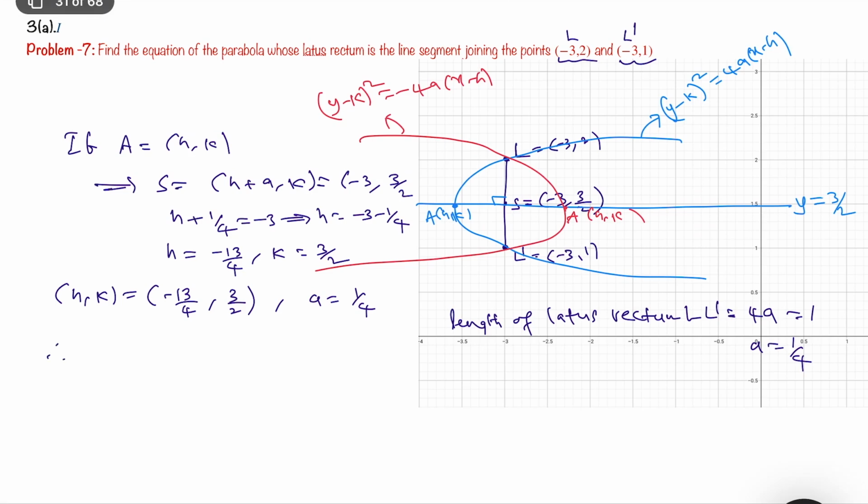Therefore, the equation of the parabola is going to be y minus 3 by 2 whole square equal to 4 times 1 by 4 times x minus of minus 13 by 4.